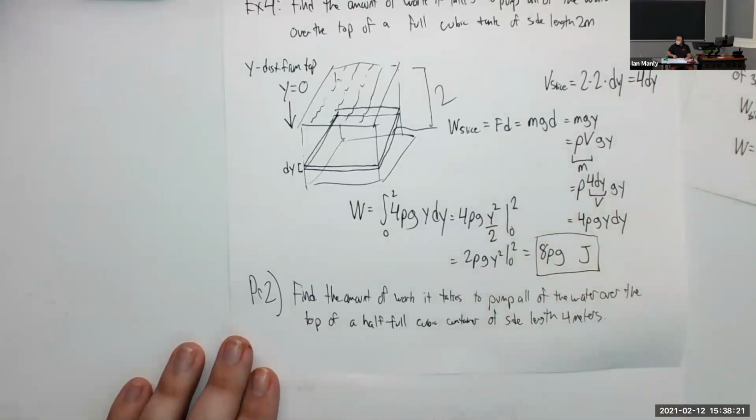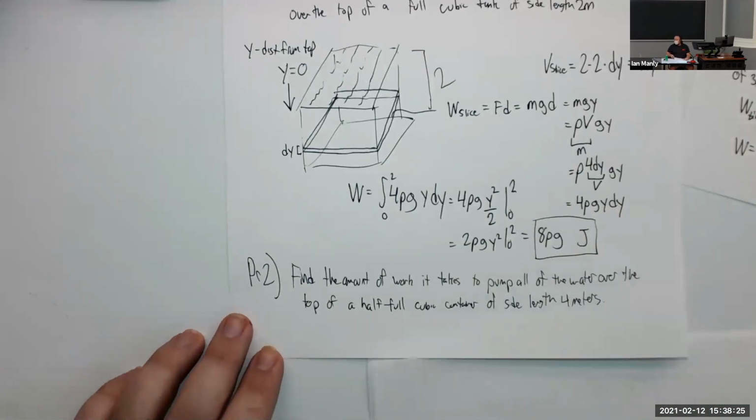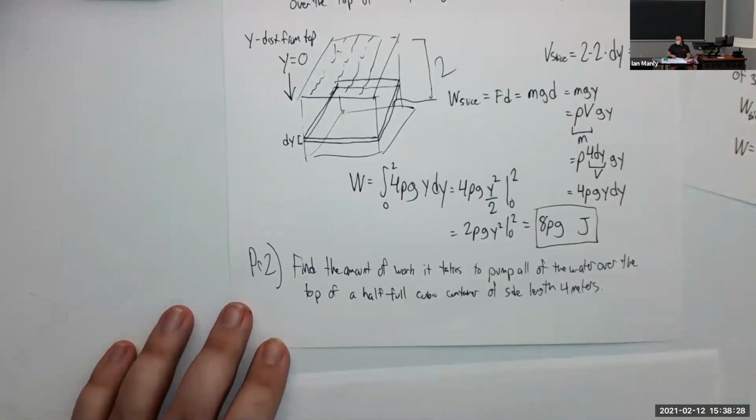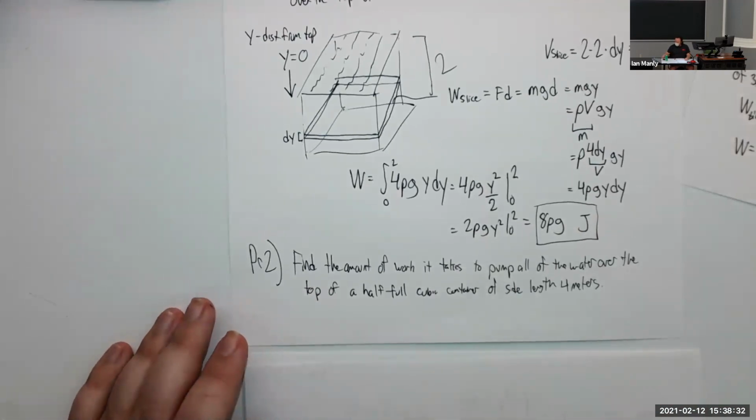This is going to be almost exactly the same as the example we just did, but there's going to be one key difference, and that difference is going to rear its head near the end of the problem. Why don't you guys take a few minutes and try to figure this one out.